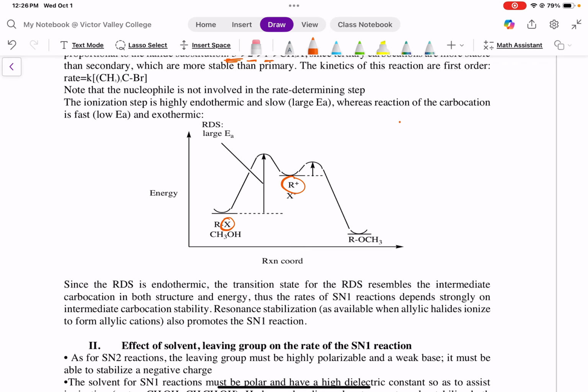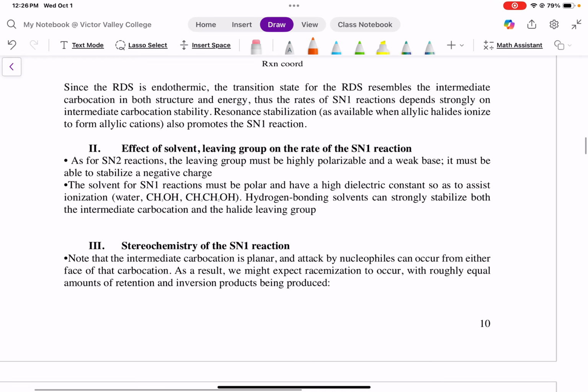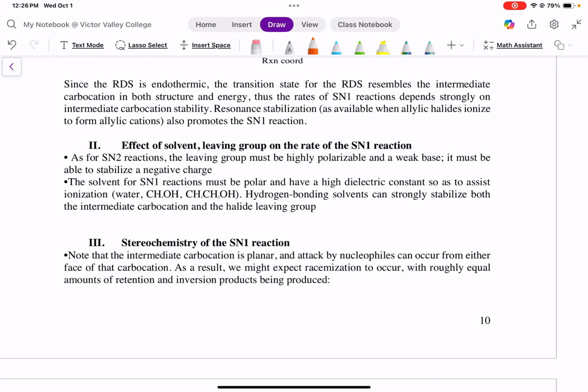The leaving group X can be a halogen like Cl, Br, iodide, also OTos or OTs, that's tosyl. Those are the leaving groups, meaning they're taken off and then replaced by a nucleophile. In terms of solvent, SN1 is not picky. Any polar solvent like alcohol, water will work.